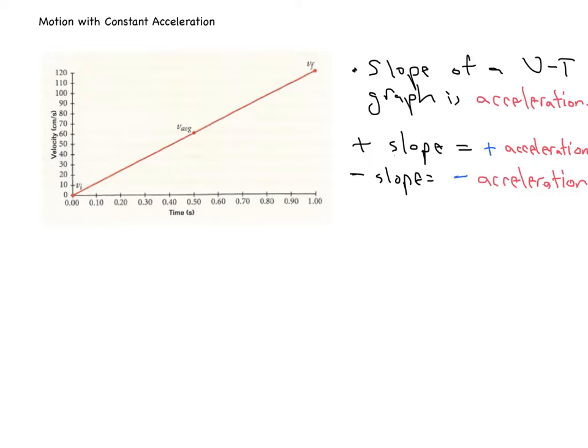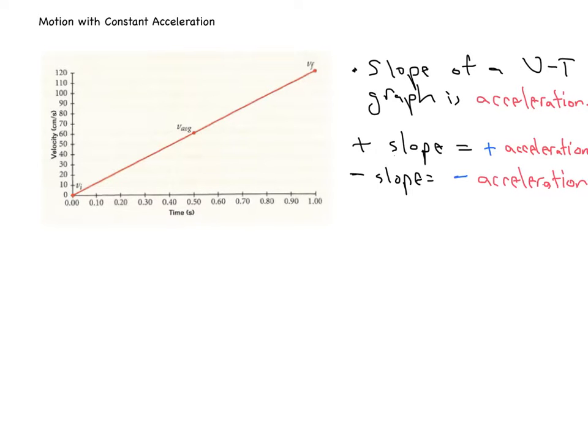Okay, so just to kind of look at this, if the slope of a velocity time graph is positive, as this is, it tells us it has a positive acceleration, which means its velocity is getting more and more positive. If the slope were negative, say in this direction, we would say the object would have a negative acceleration.